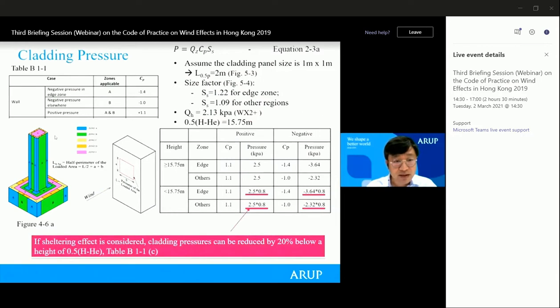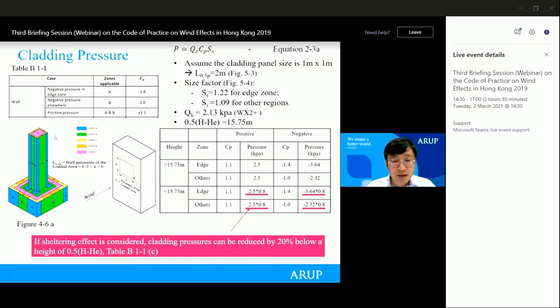And further, we have a look at the cladding pressure. The cladding calculation is relatively straightforward. We can follow equation 2.3a. Within this, we assume the cladding panel size is about 1 meter by 1 meter. So then the half parameter length is about 2 meters.